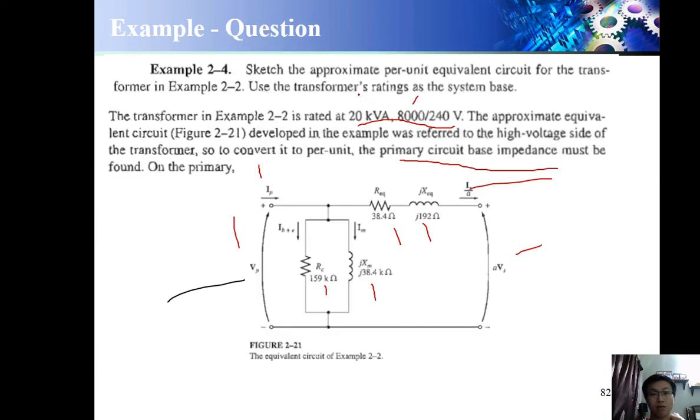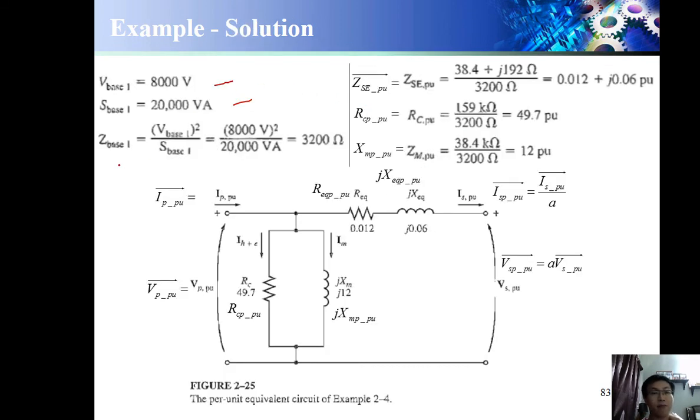Select two base quantities, right? So I can find my Z base: Z base equals V squared divided by S. Then this is my base value. From the base I convert to per unit.